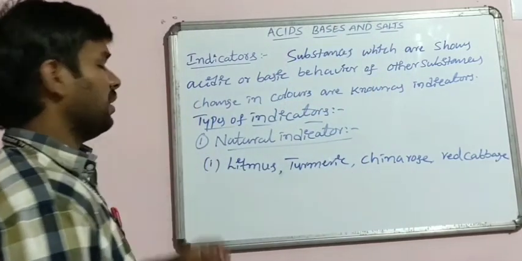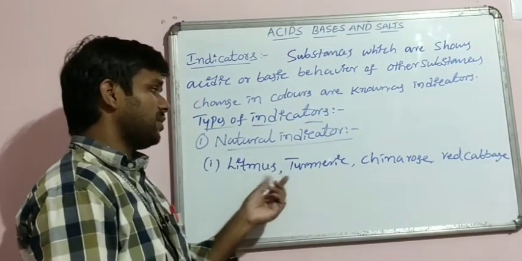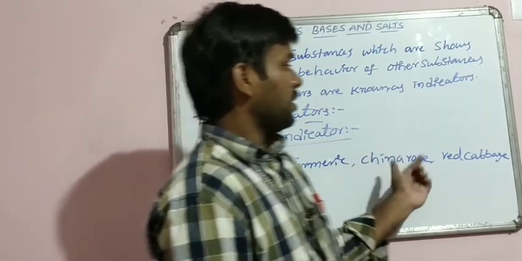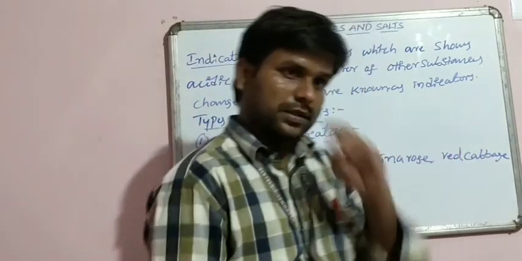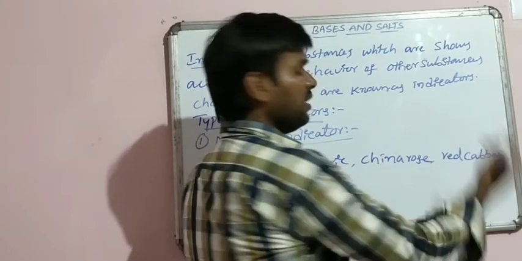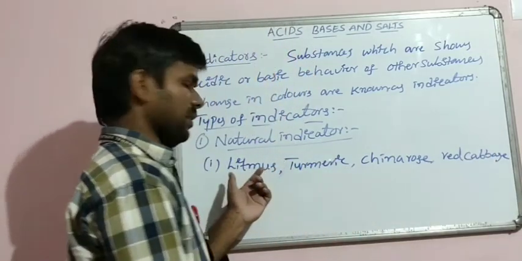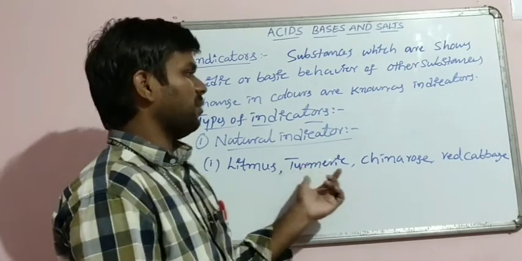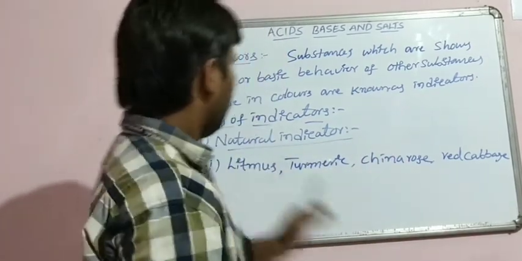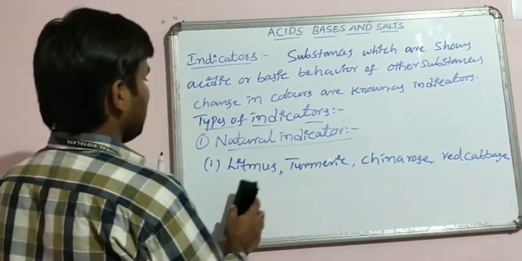These are natural indicators: litmus, turmeric, China rose, and red cabbage. Many natural indicators are there. Some of the natural indicators: litmus, turmeric, China rose, and red cabbage. We are discussing natural indicators one by one.